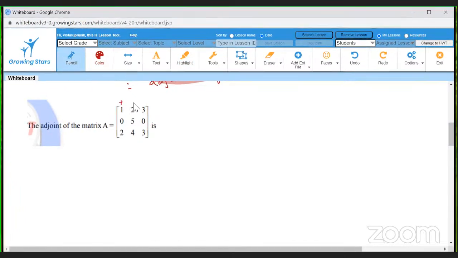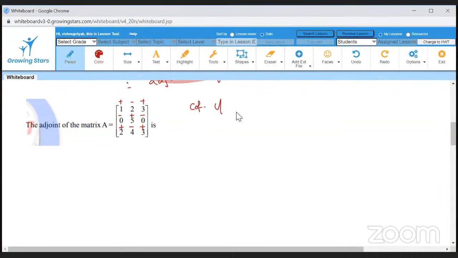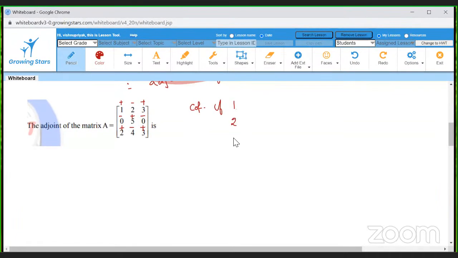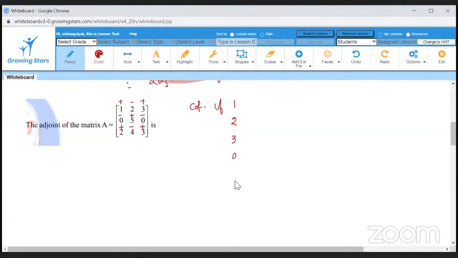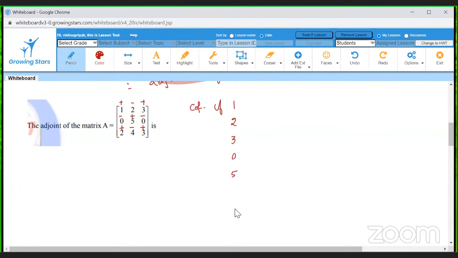Let me tell you what to do for those who did not do. First, write plus minus plus, minus plus minus, plus minus plus. Find the cofactor of 1, 2, 3, 0, 5, 0, 2, 4, 3.